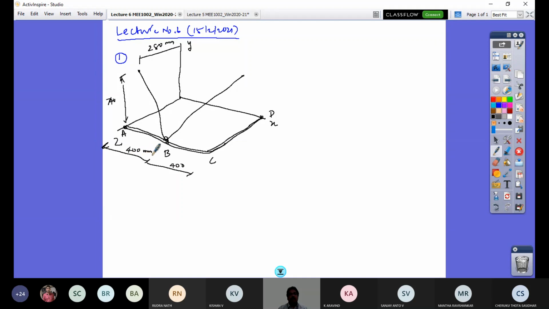All are in mm. And this point here is point H. This point is point G. And this point H, its perpendicular distance from this XZ plane, is 600 mm.